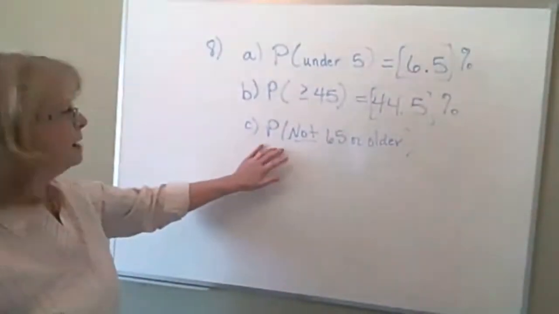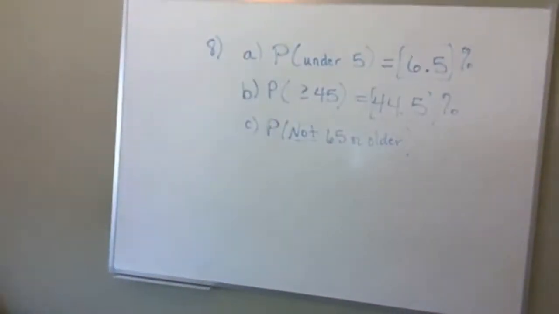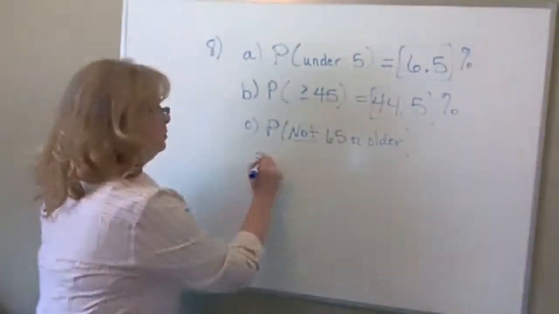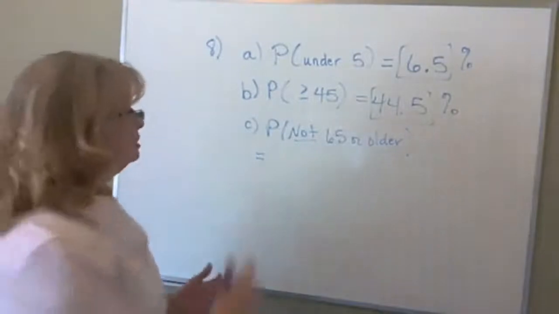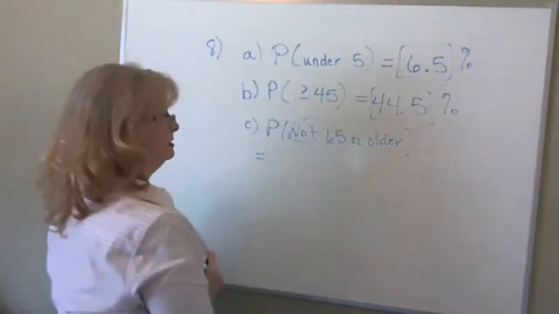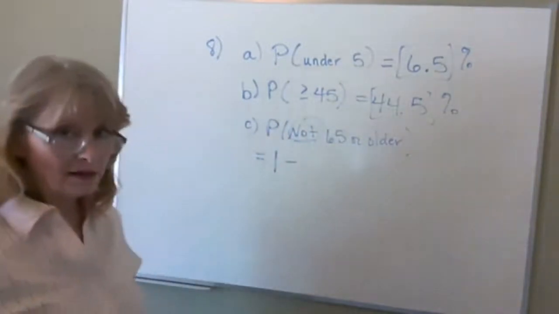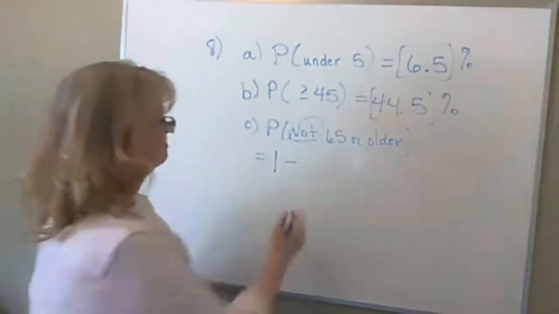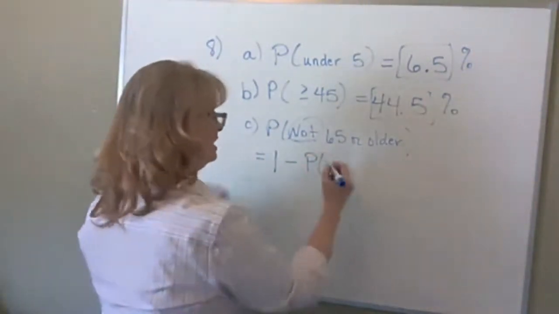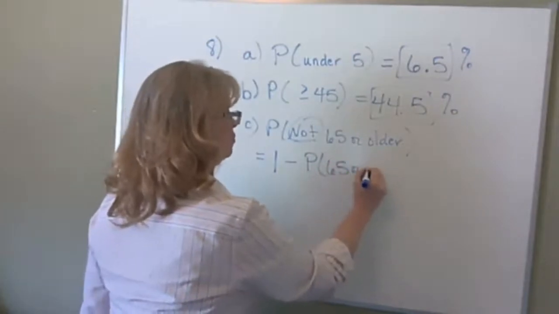So I wrote this, the probability that they are not 65 or older. Well, an easy way to do that would be to use the complement and say 1 minus, anytime you're doing the probability of a complement, do 1 minus the probability that they are 65 or older.